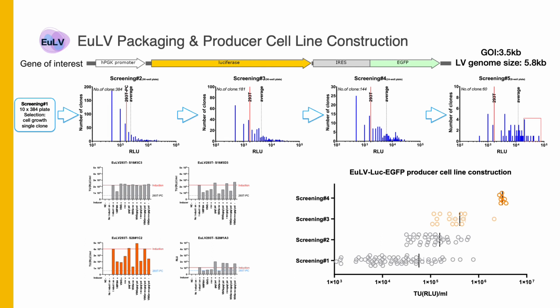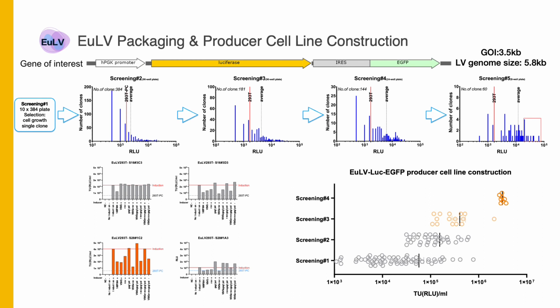As shown in the bottom left, the data indicate that after transfection of any packaging plasmid or any combination of these packaging plasmids, no significant increase in the viral titer was observed in the first 3 clones, which means the packaging genes in these packaging cell lines are optimized.